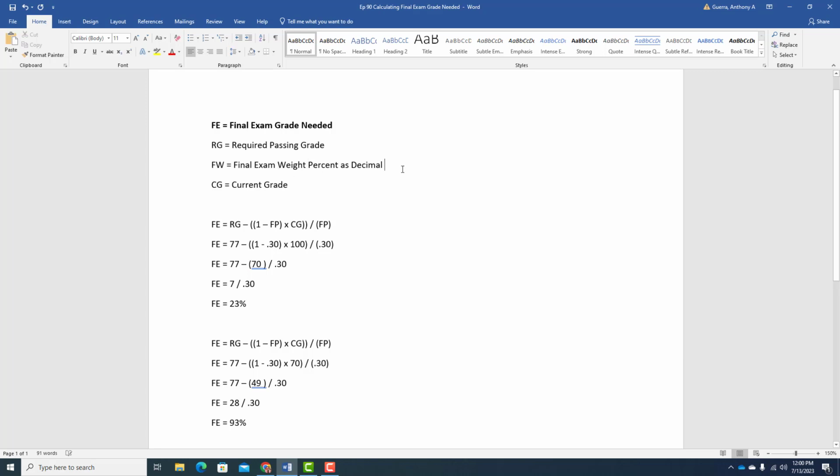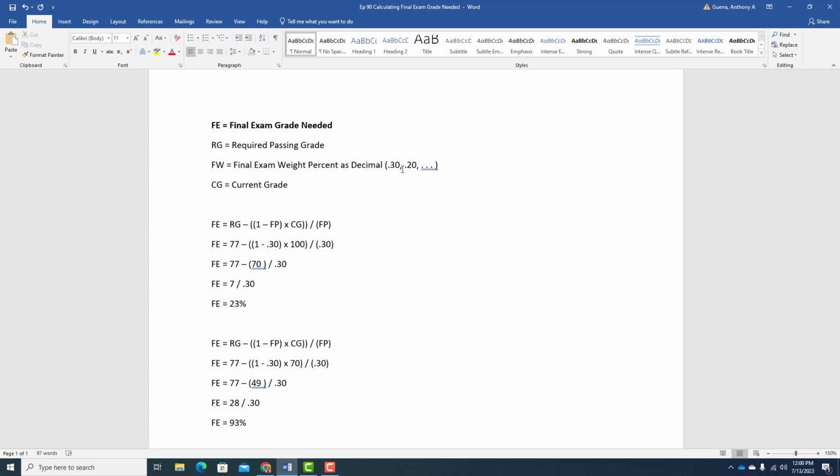So if your final exam is 30%, you want to put 0.30. If your final exam is 20%, then put 0.20, and so on. The last one is, what is your current grade? So the current grade is going to be the opposite of the final exam weight, and we just need that as a number.